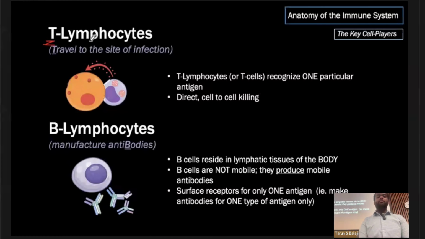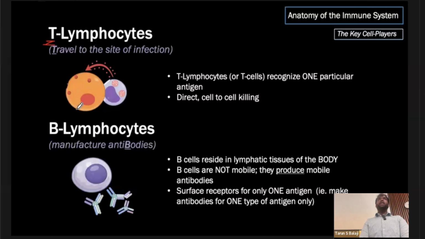Now, this direct cell to cell killing has a specific name. We're calling this a cytotoxic response because it's toxic to cells, cell to cell killing. Now, your B lymphocytes, on the other hand, they work from home.